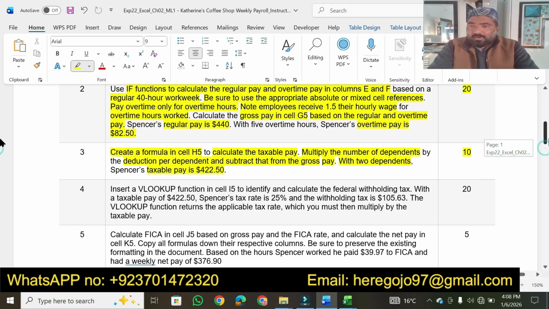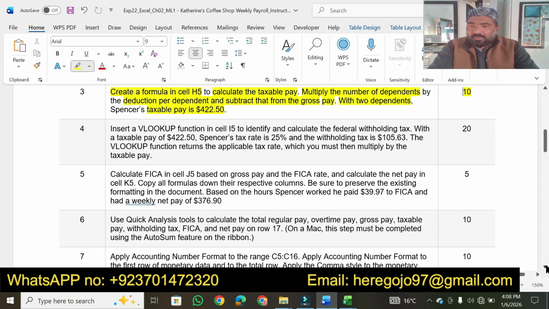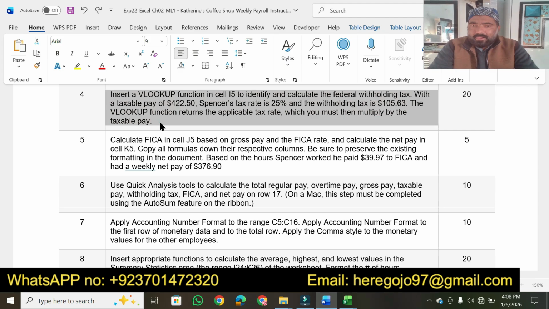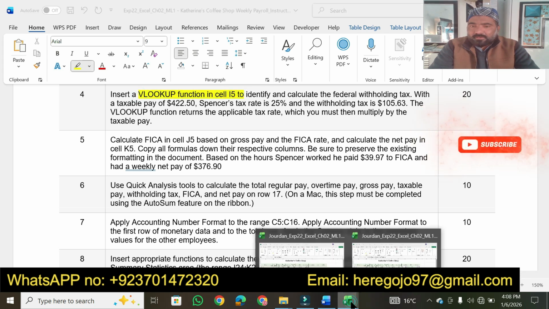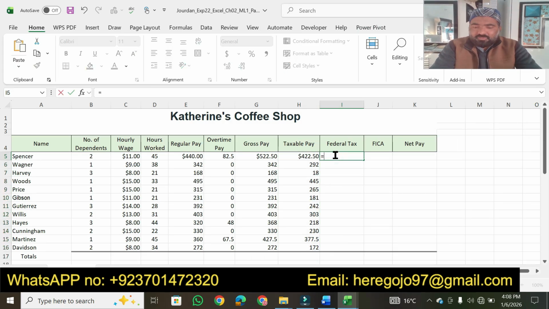So in question number 1 we have earned 20 marks, in question number 2 we have earned 10 marks. Now moving toward question number 4, insert a VLOOKUP function in cell I5. We have to move toward I5, and there we use a VLOOKUP.